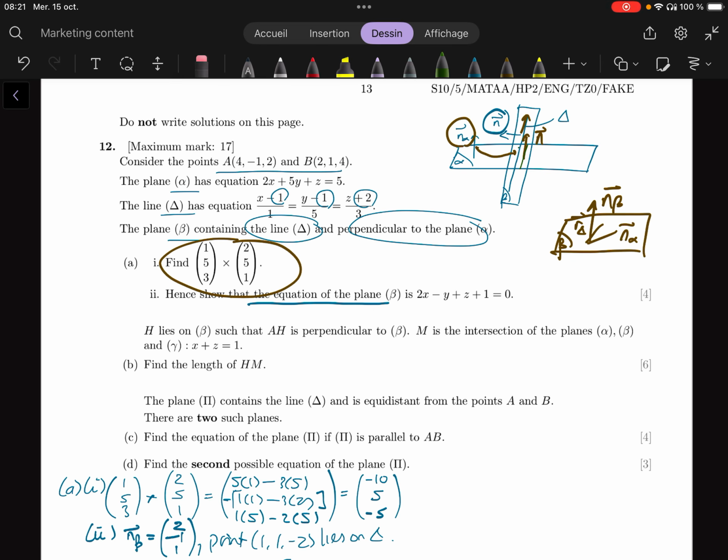We need to find the intersection of the three planes. Okay, let's just say point A is somewhere over here. It doesn't really matter where it is. We know that AH is perpendicular to beta. And this point of intersection is H.